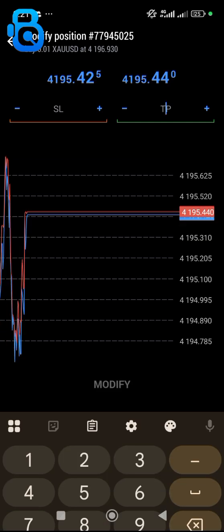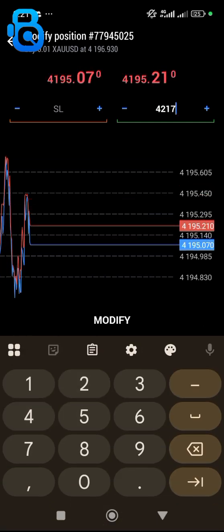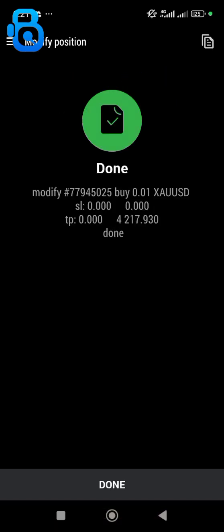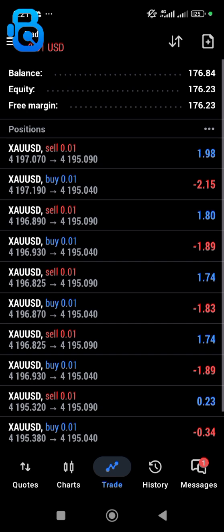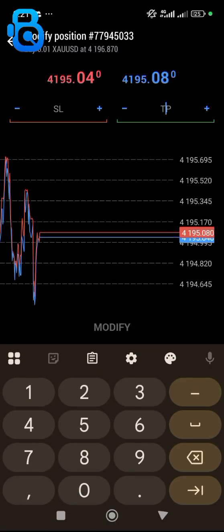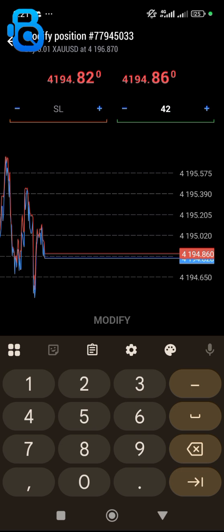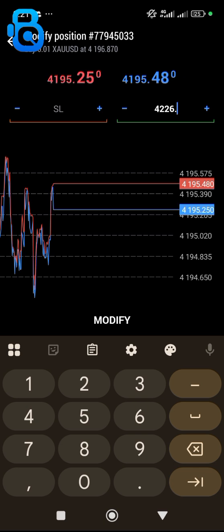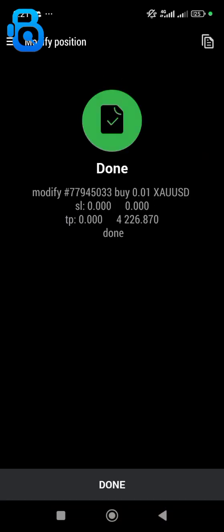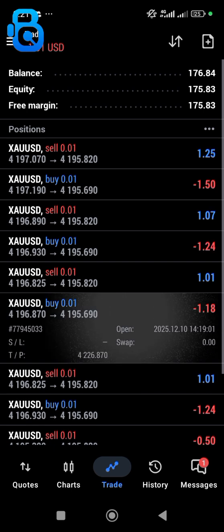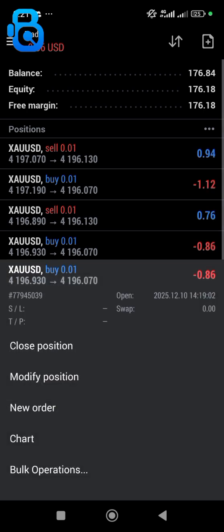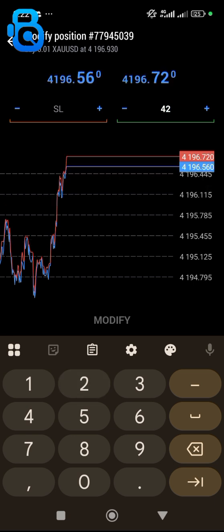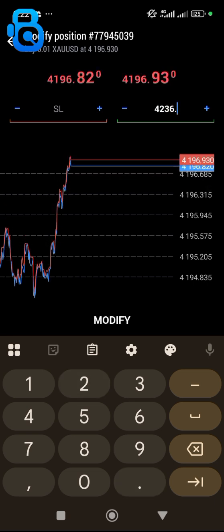Then 4196 plus 20 is 4217.93. Next, 4226.87. Then 4236.93.